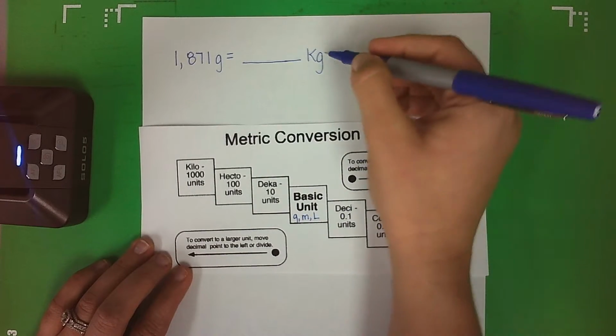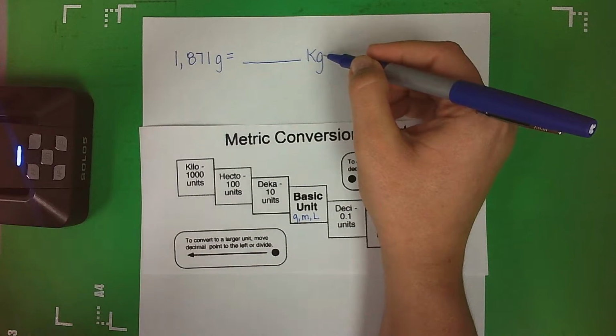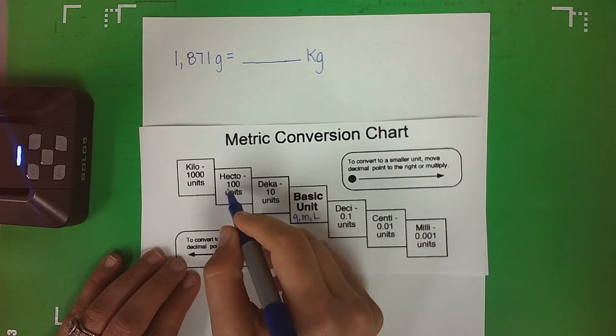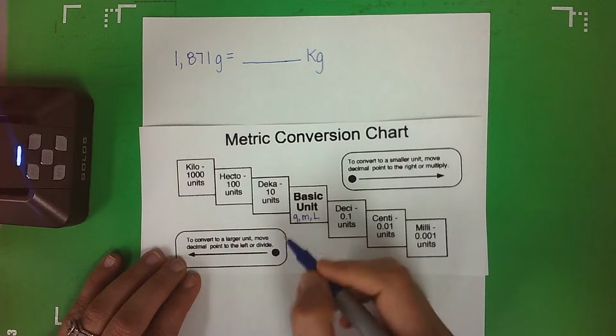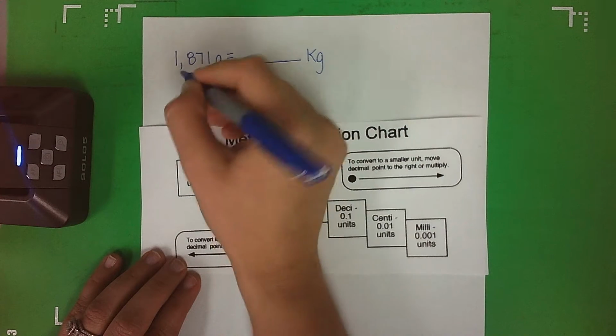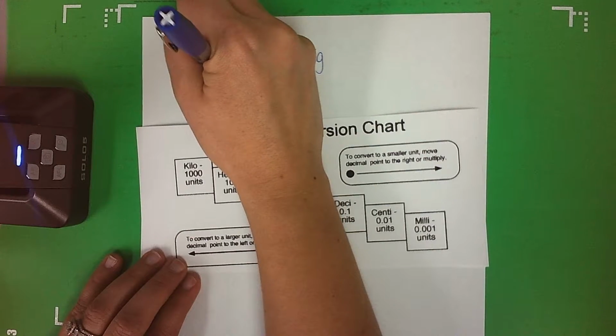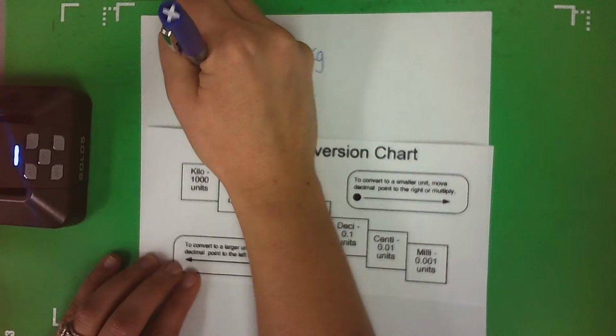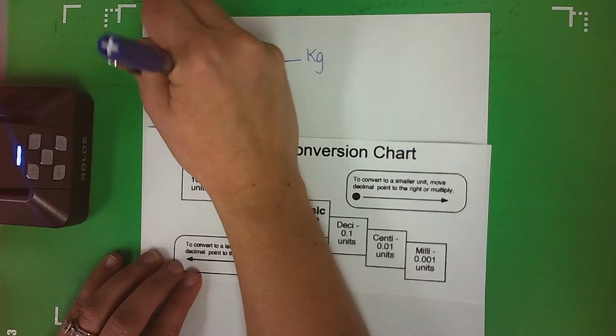So if you start at a basic unit, and where you end will be what you want to get to, so that's kilograms, you're going to go to the left 3 times. Okay? 1, 2, 3. So you're just going to move your decimal 3 times to the left. Well, there isn't a decimal here, so there's an imaginary one after the whole number. So you place it there, and then you move it 1, 2, 3.